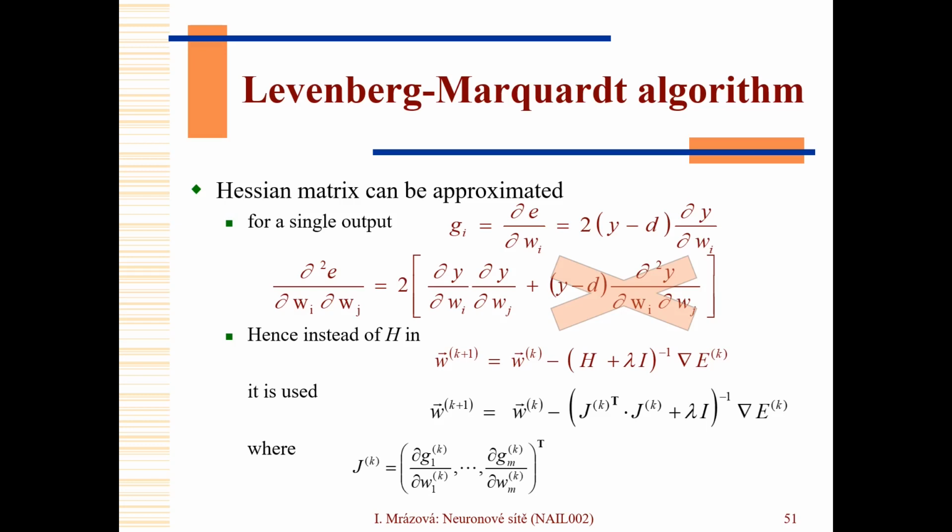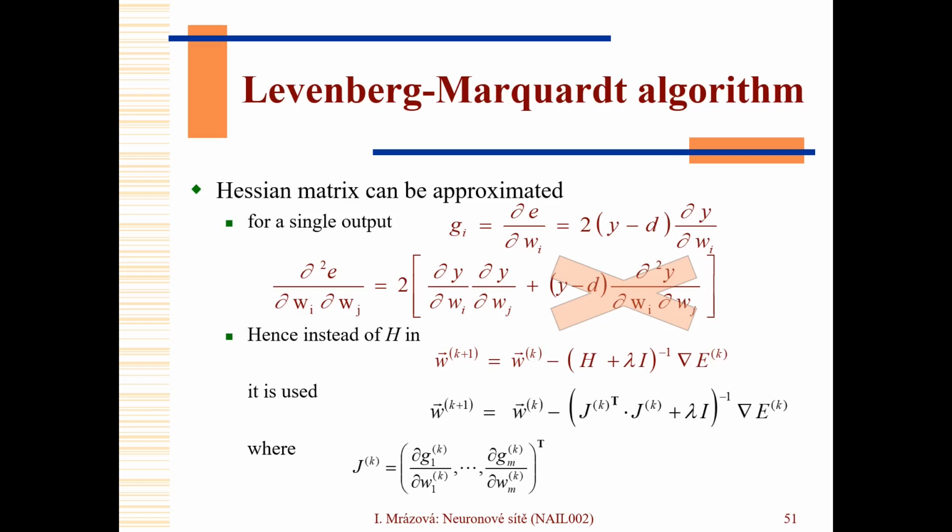You can see that in the brackets we have some parameter lambda. Usually this parameter lambda is set to some positive value, and by tuning the values for lambda, we can prefer more or less the standard backpropagation, or force more the second order approximation to take place.